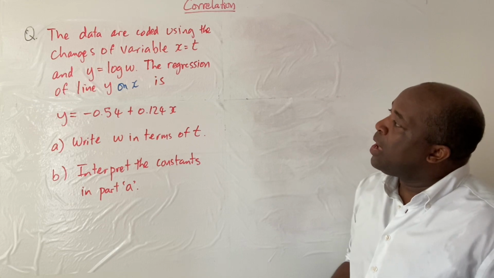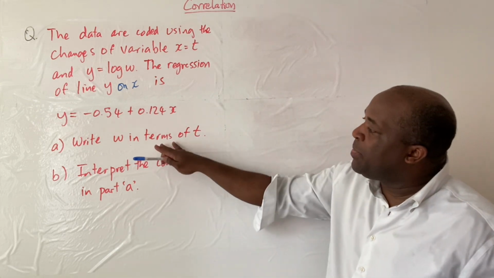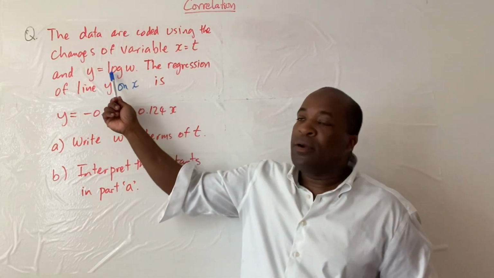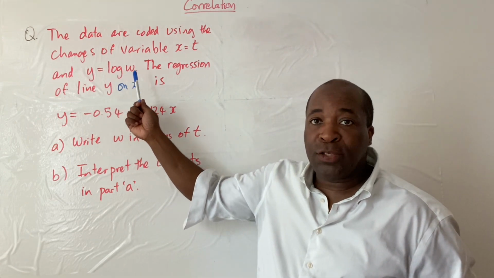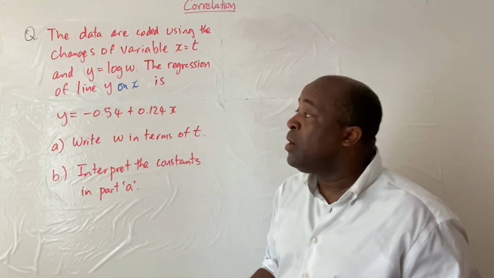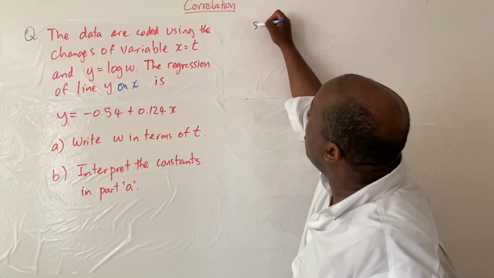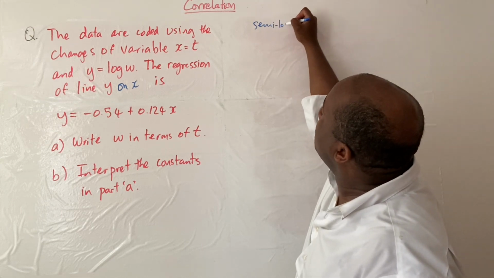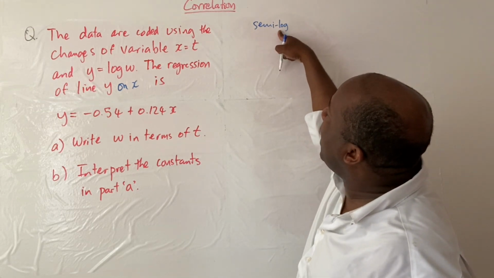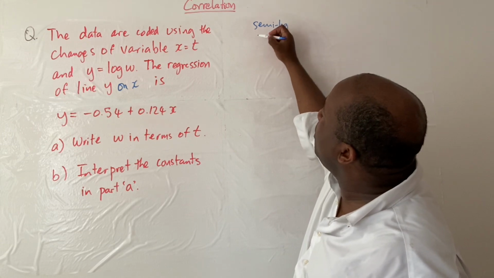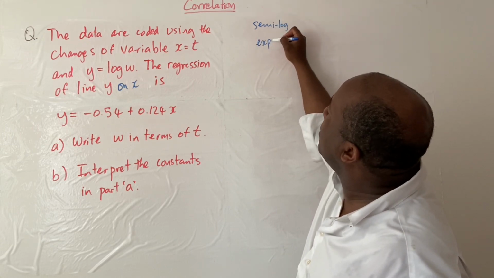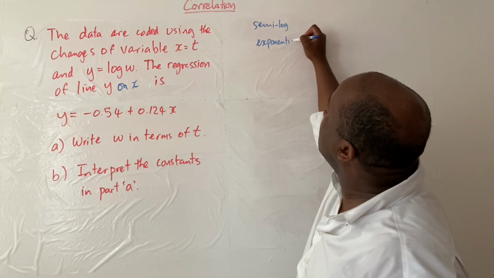Before we begin to answer this, notice here that we only have one log term. So this would be our semi-log model. And since there's a single log, we know that this will correspond to exponential.